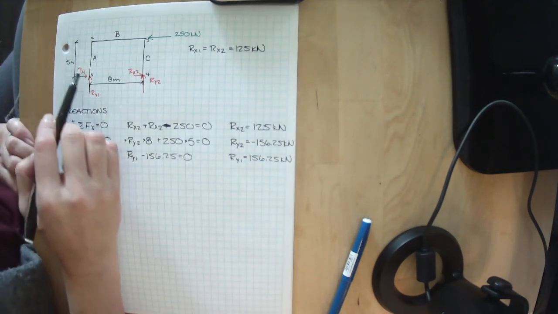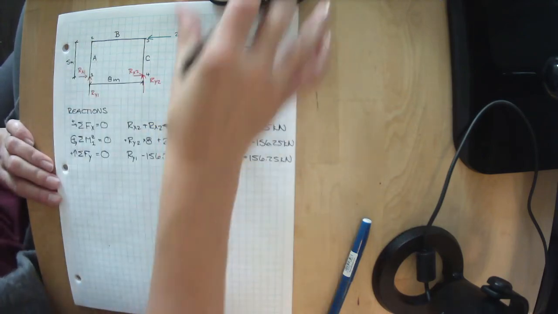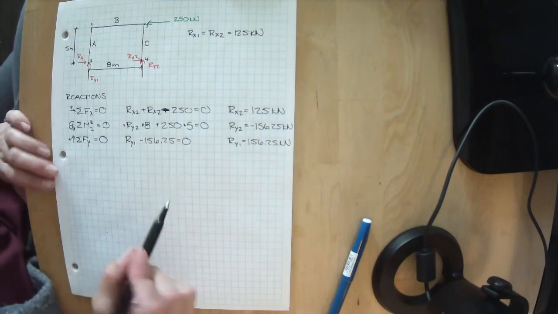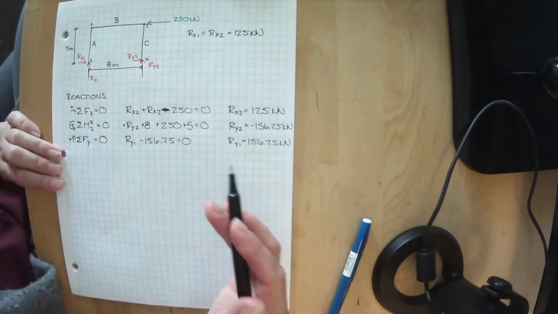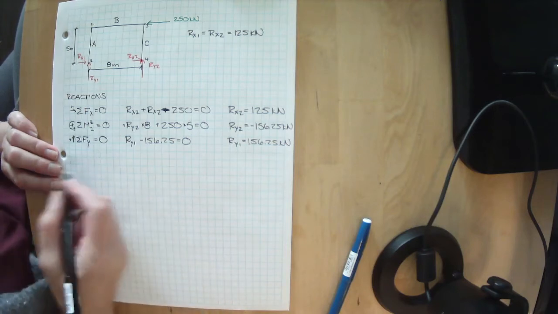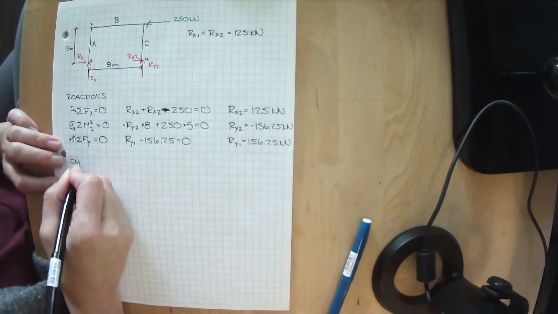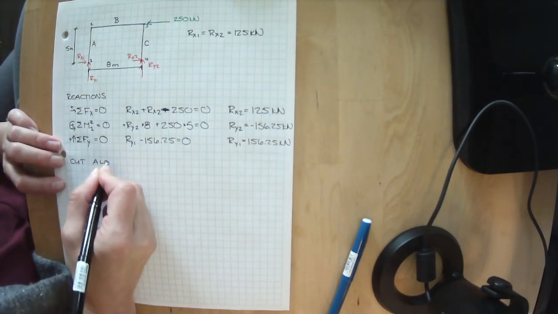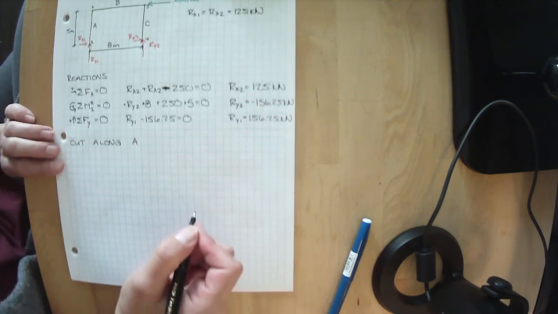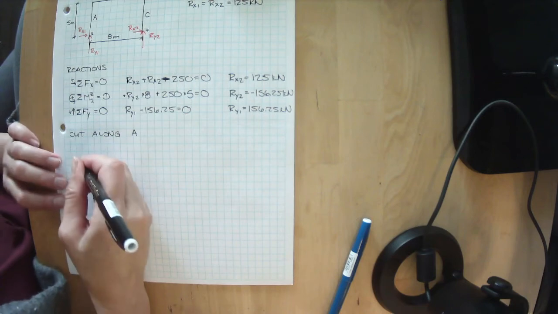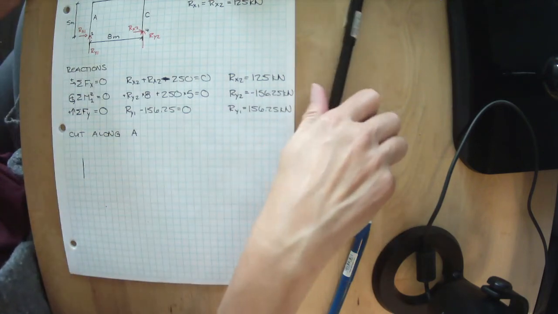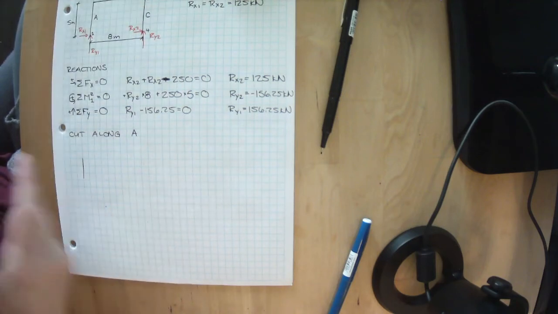Now we can start to do cuts where we solve for the internal forces. Again, this is way beyond anything you're going to have to do, but seeing me do a hard one, I think helps make the easy ones even easier. So let's cut along A. So we're going to do a cut somewhere along member A. So here's our member A that we're cutting.